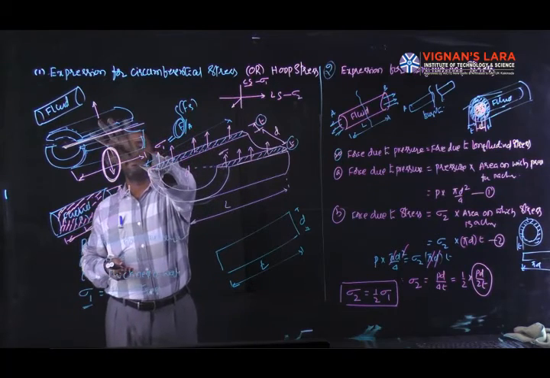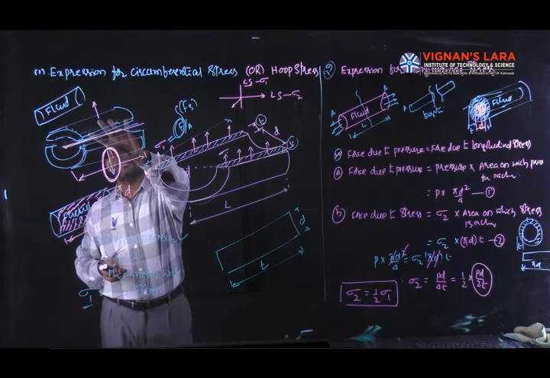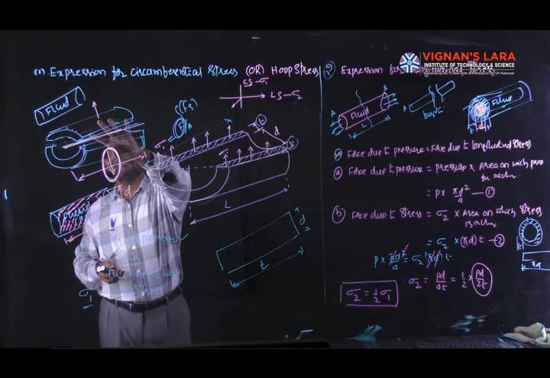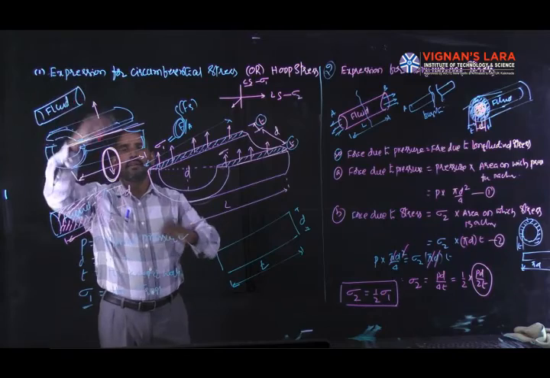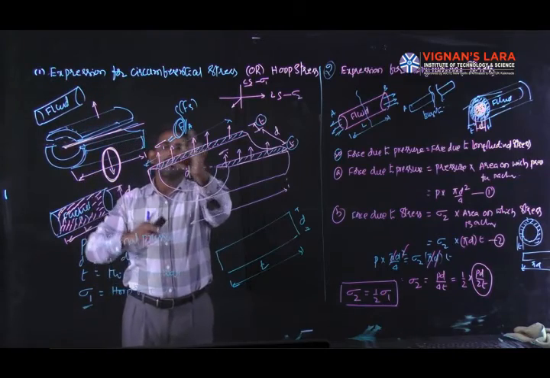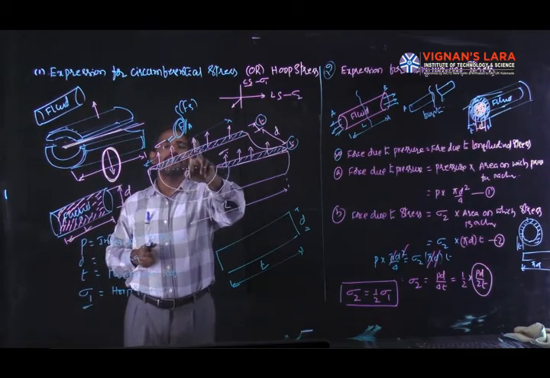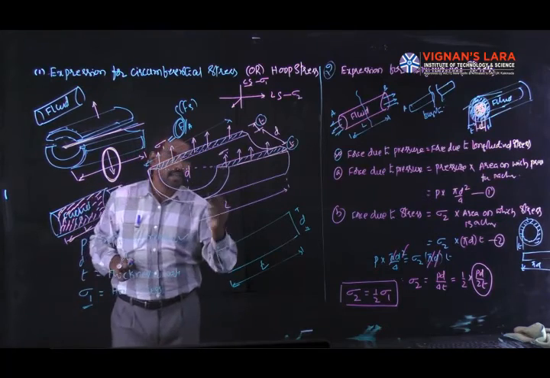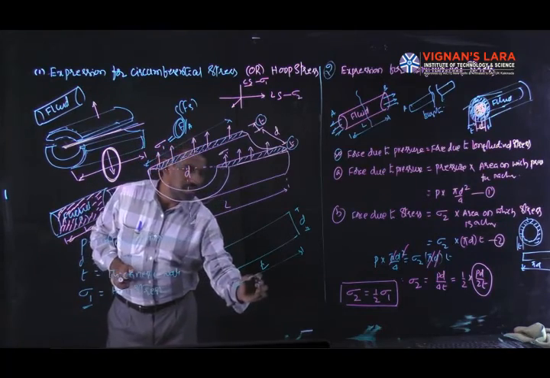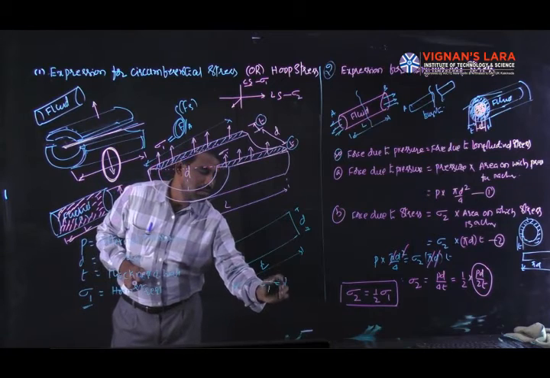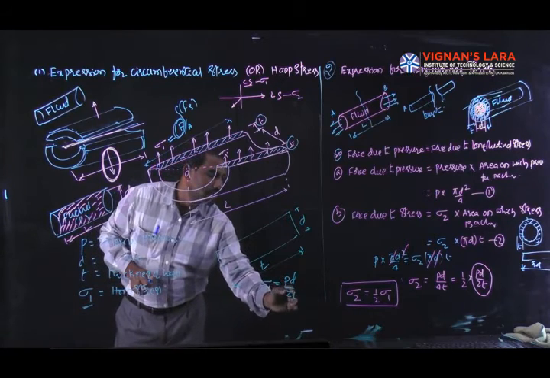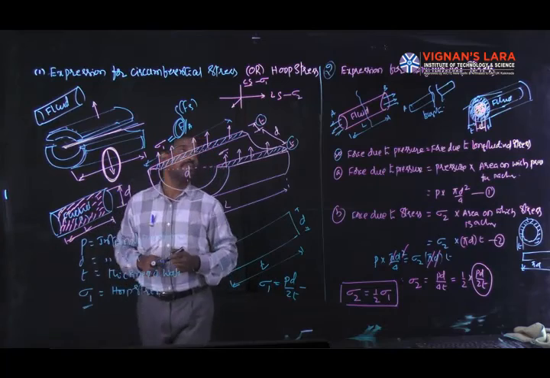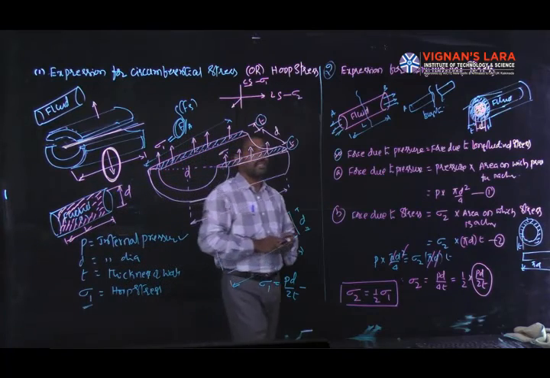The fluid force tends to deform the body tangentially, and that must be balanced by the force due to the stress. Finally, by equating, sigma 1 is equal to PD by 2t. It is derived.